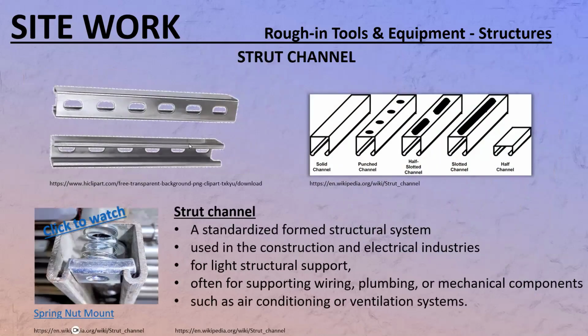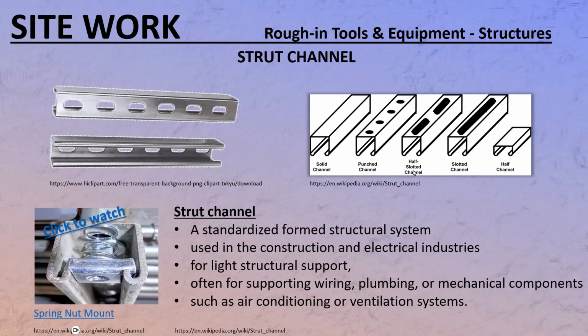All right, now the other thing I want to show you is something that's called a strut channel. It looks like this, and it comes in like 10-foot lengths or 8-foot lengths sometimes. There are different types of strut channels, but this is just a solid channel, a strut. That's what makes it a strut here. And some of them are the punched channel, half-slotted channel, slotted channel.